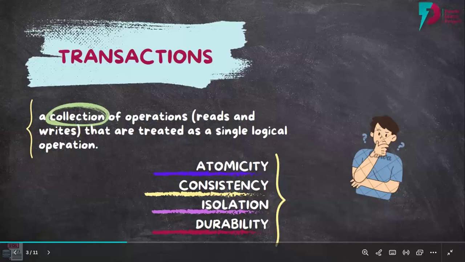And finally, we have what we call durability. To remember all these properties, just write the initials, ACID, acid properties. Okay, so with durability, now this one is the simplest one.